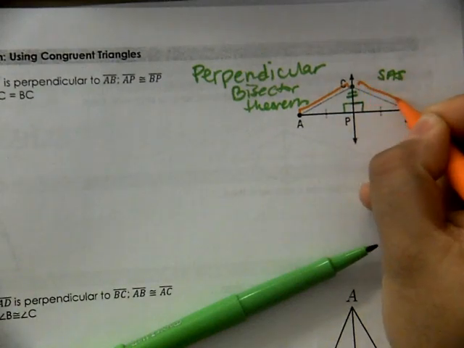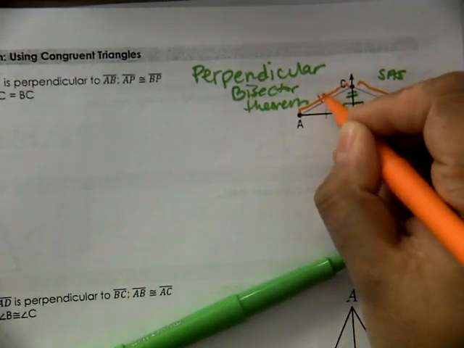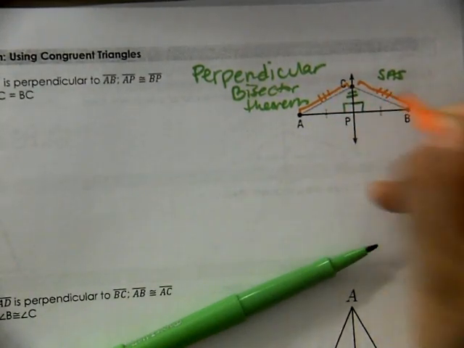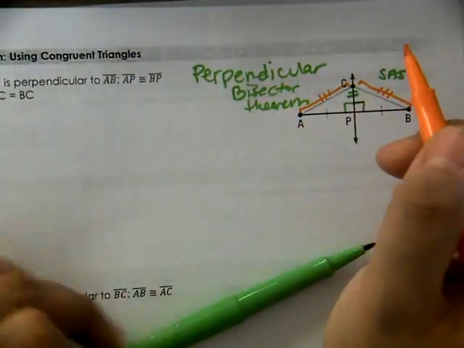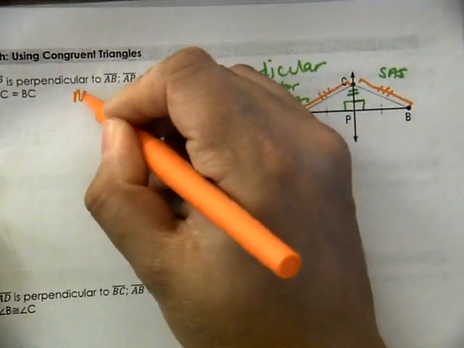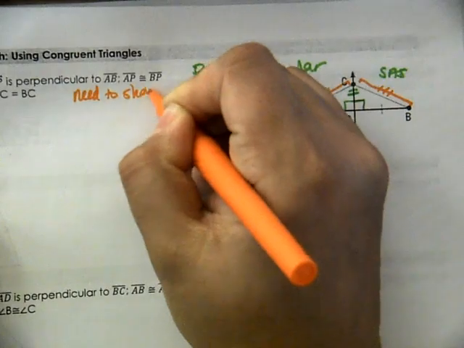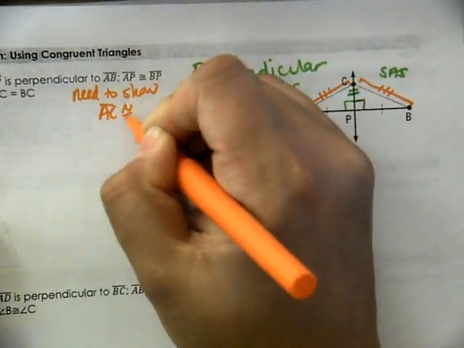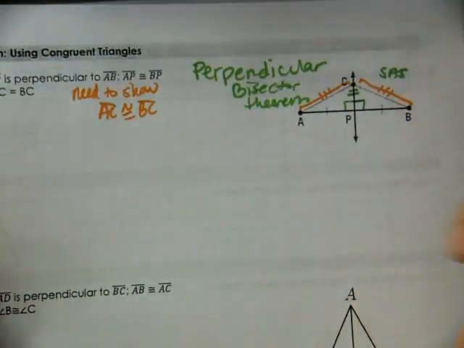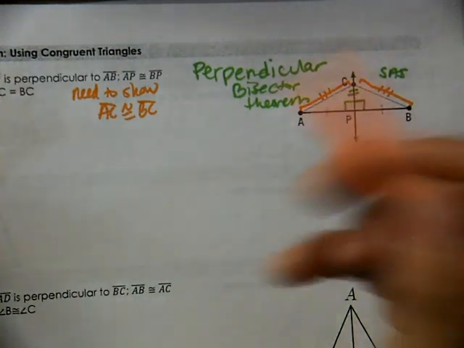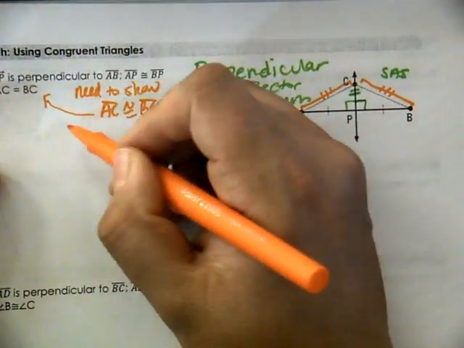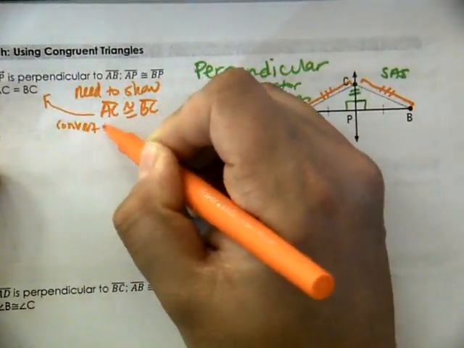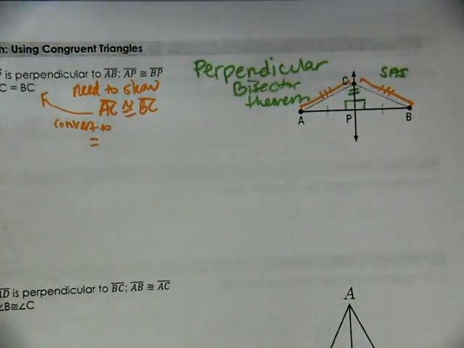I would show here that CA is congruent to CB, right? So in the orange here, I would need to show that segment AC is congruent to segment BC once I know the triangles are congruent, and then I could just convert it to equals. Convert to equals. Okay, so that's kind of the plan here.